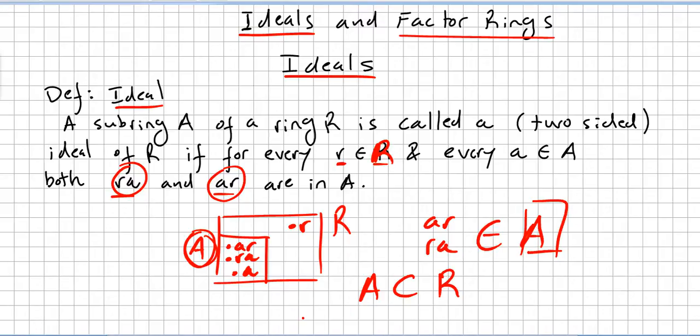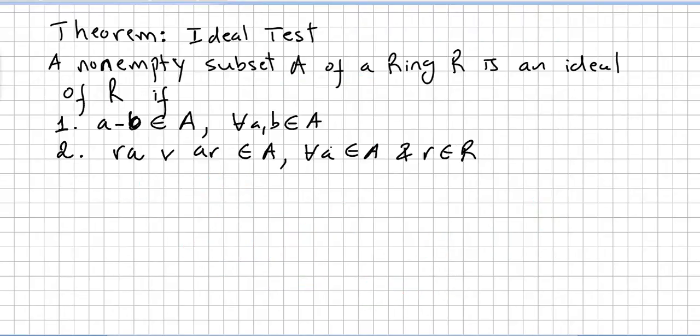Now we get into the usual question: how do I identify ideals? If I have a subring, how can I identify an ideal? So we have what we call the ideal test.